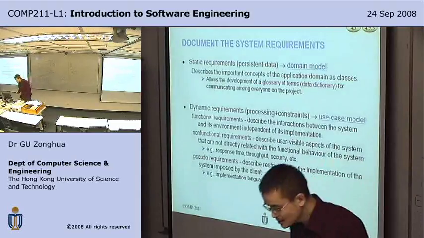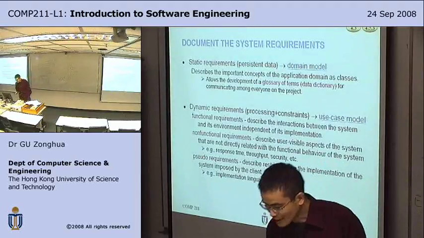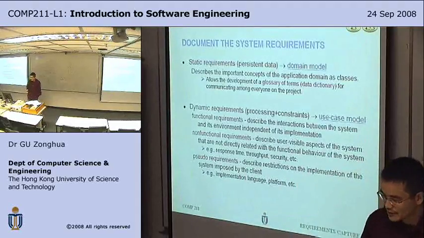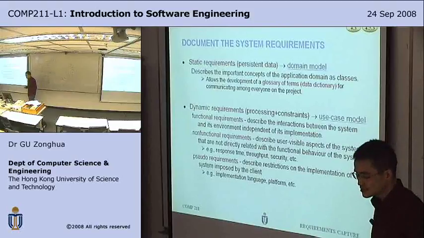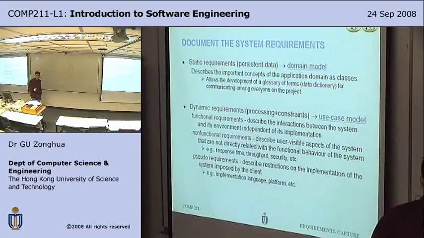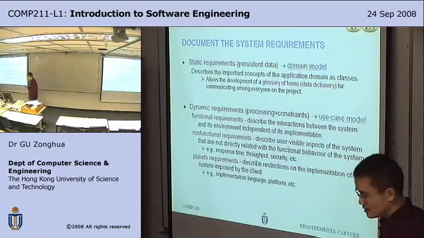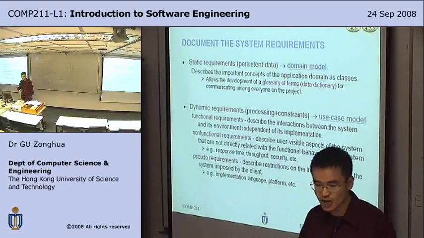Pseudo requirements describe restrictions on the implementation of the system imposed by the client, implementation language, OS, platform, etc. So perhaps the client organization has the requirement that it has to be implemented on Windows using C#.